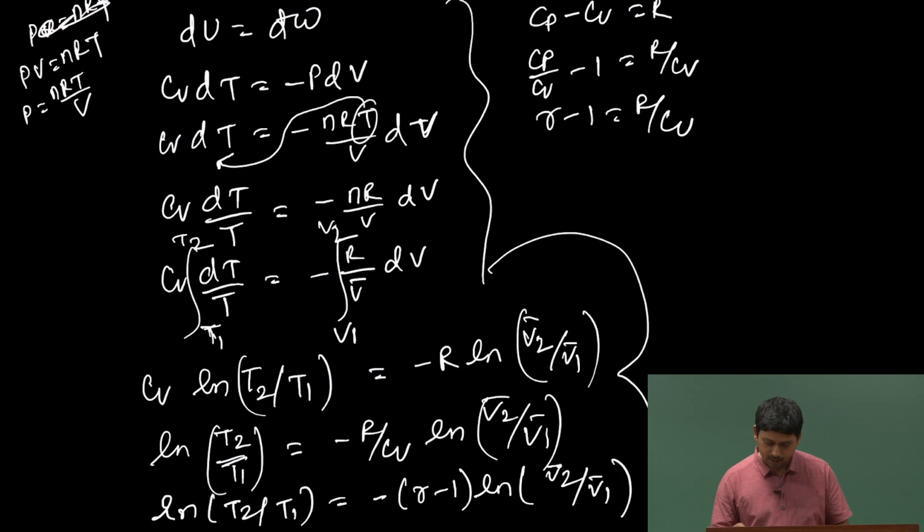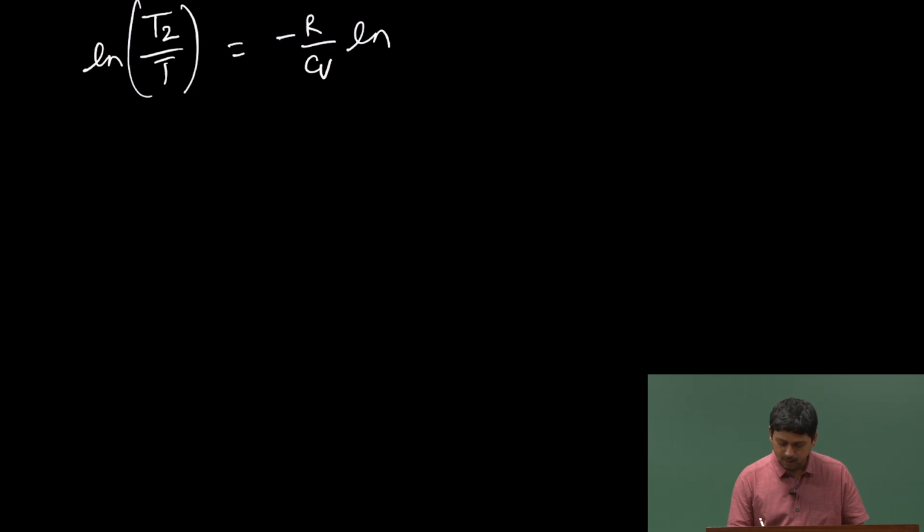Okay. If I have a little bit more space here, I will write it. So, how much we got? We got that ln T2 by T1 was minus R by Cv ln V2 by V1.